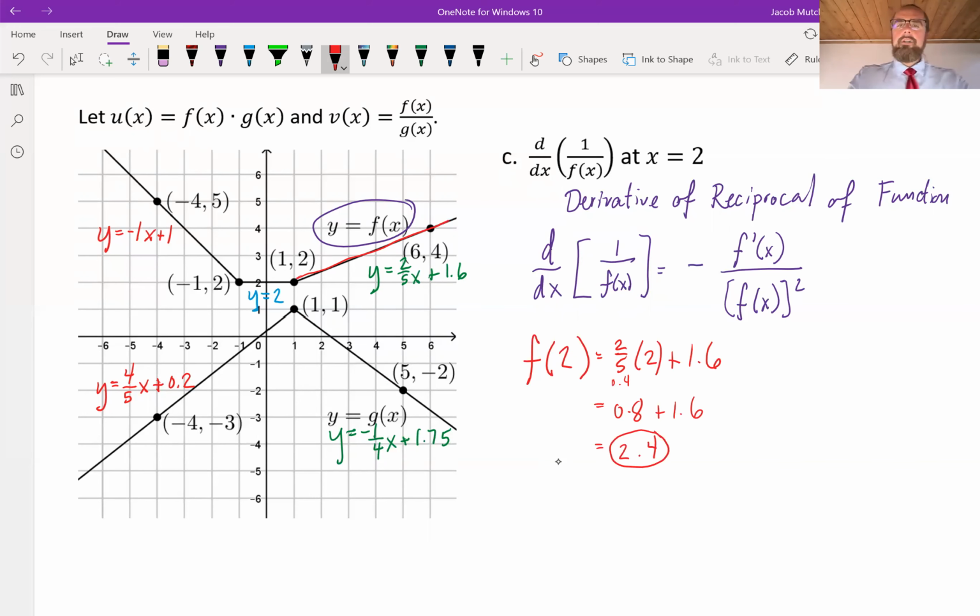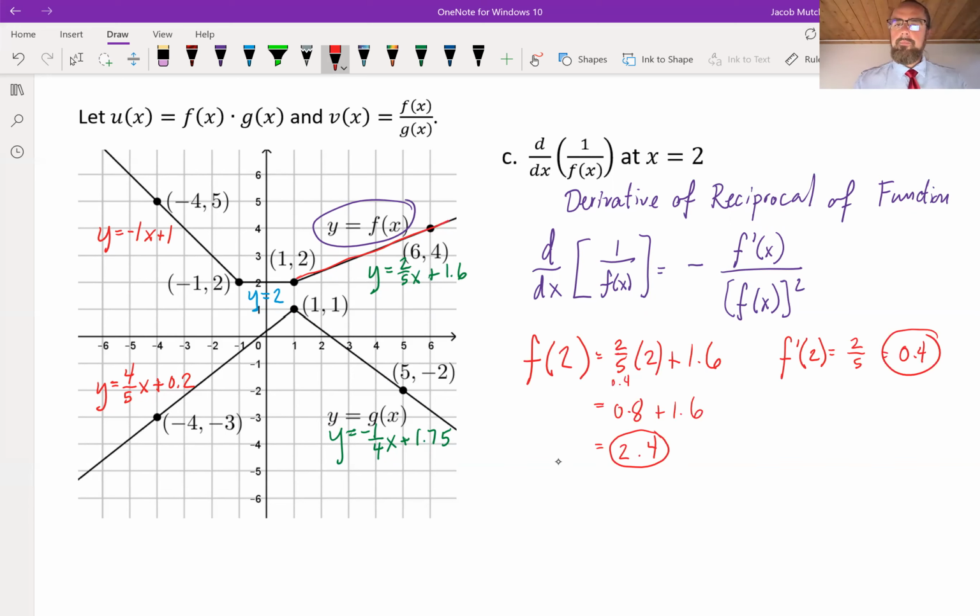We also need to calculate the derivative of f at 2. So again, what we're saying there is what's the slope? Well, that's my 2/5 or 0.4. So a lot of work that we had done writing the equations just makes this calculation a lot quicker. So those are the only 2 parts that I need.